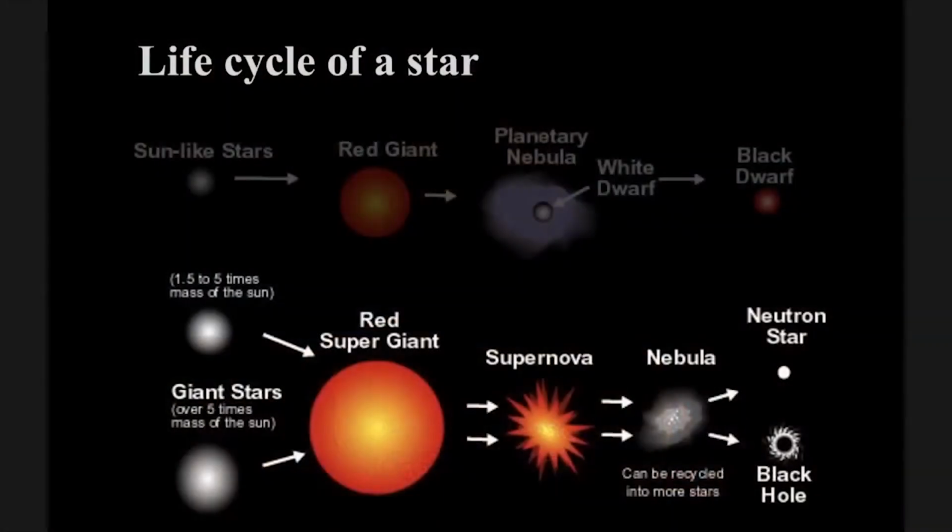Turns out the really interesting stuff happens when we consider the bigger stars in the universe, these giant stars, stars that are 1.5 to 5 times the mass of the sun. When we have stars that are that big, when they finish burning their hydrogen fuel, just like the sun, they will turn into something called a red supergiant. As you can imagine, that's just a big red giant star. And this is the real key difference.